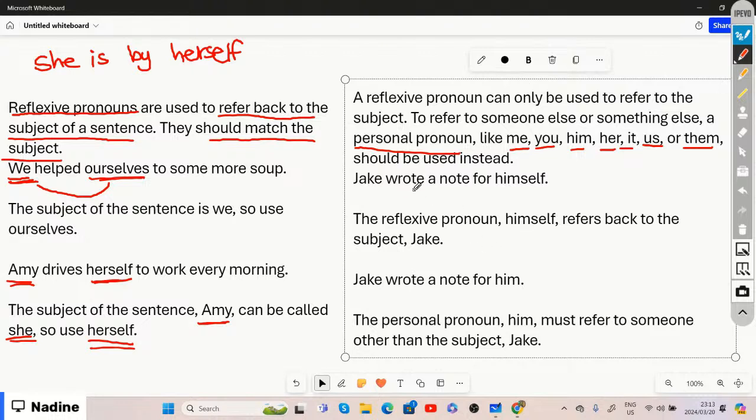If we look at the sentence, it says Jake wrote a note to himself, right? Jake is a boy. And when we say Jake wrote a note for himself, it means we are referring to a boy. So himself goes back to Jake, who is a boy.